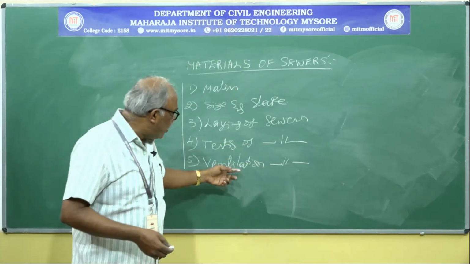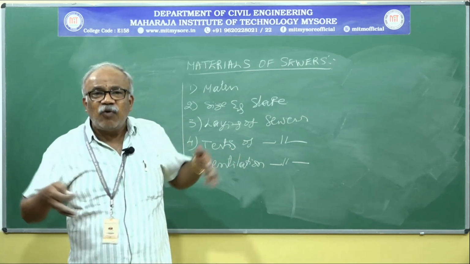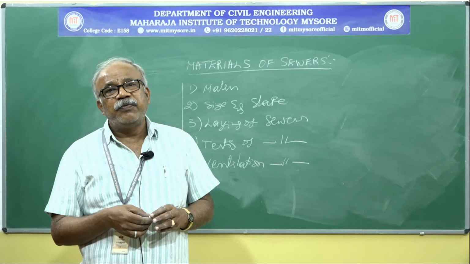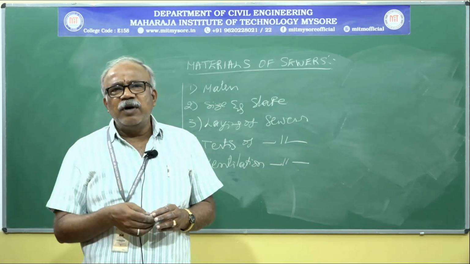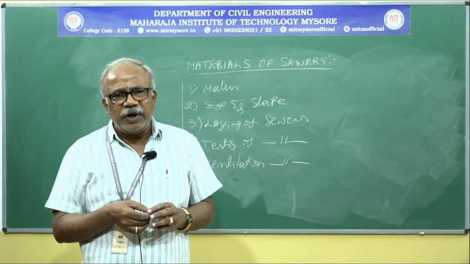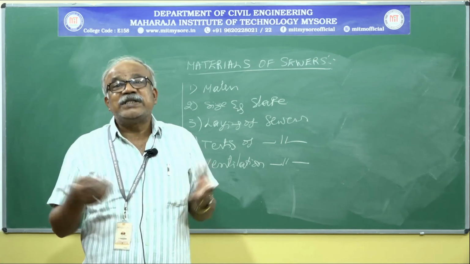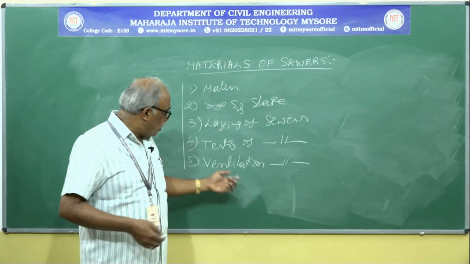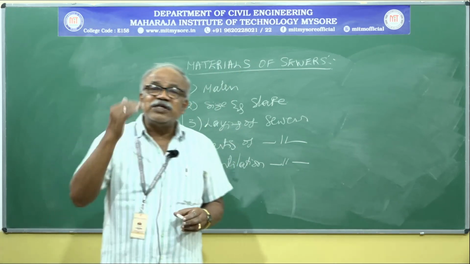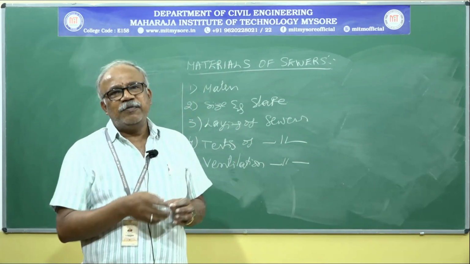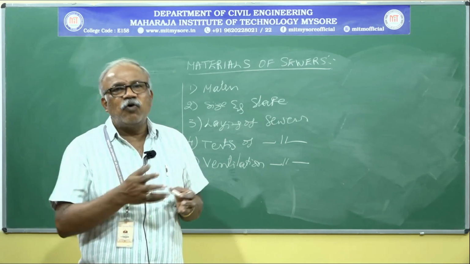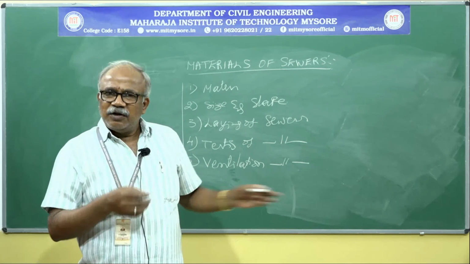In the same way, ventilation is compulsorily needed while moving or flowing wastewater. As human beings, we need oxygen to breathe for survival. But in this system, ventilation is much more essential for the smooth flowing of wastewater.